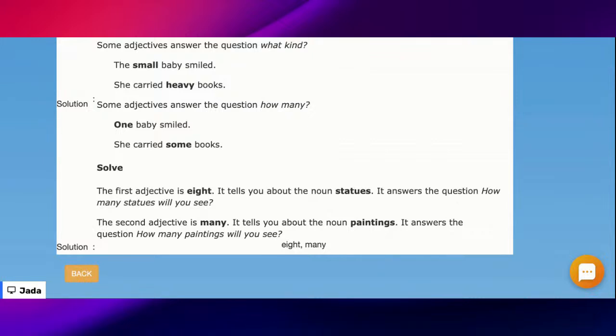Because it's answering the question how many, it is an adjective. And then the second one will be many. It tells you about the noun paintings. Okay, so everybody take notes.